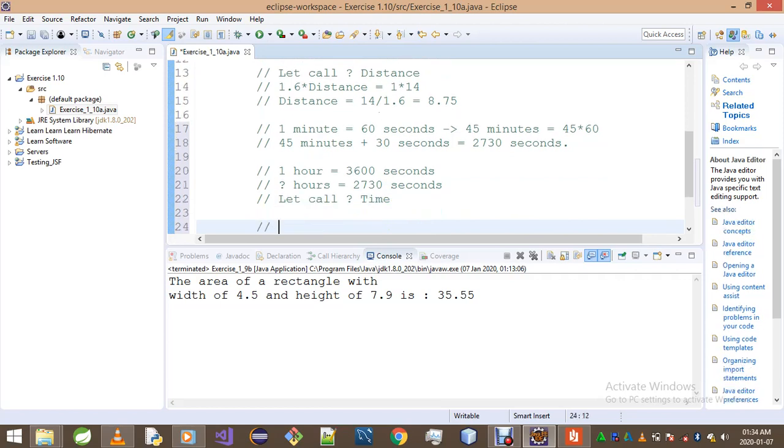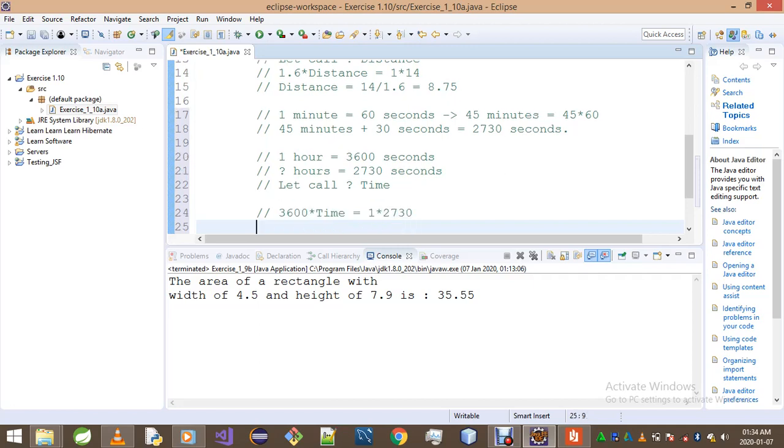Okay, if we cross multiply, we're gonna get 3600 multiplied by time is equals to 1 multiplied by 2730. And if we make our time the subject of the formula, we're gonna get 2730 divided by 3600, which is 0.